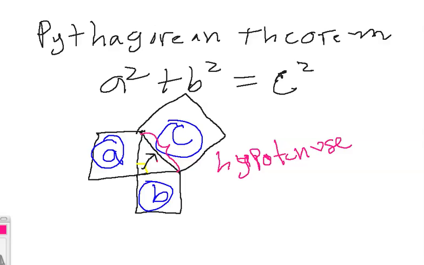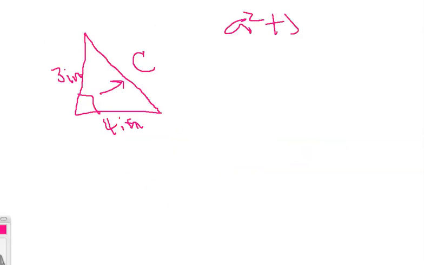So let's look at an example. If we have a right triangle and say this is the right angle there, and let's say this is 3 inches and this is 4 inches, and again the opposite side is our hypotenuse we'll call C. So again, this is our formula, and let's go ahead and figure this out.